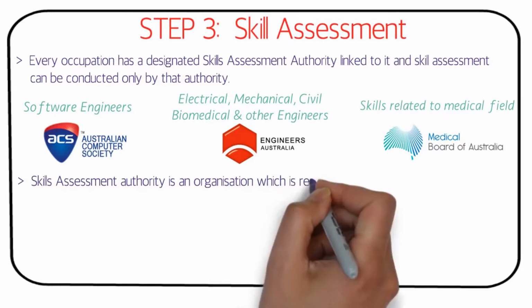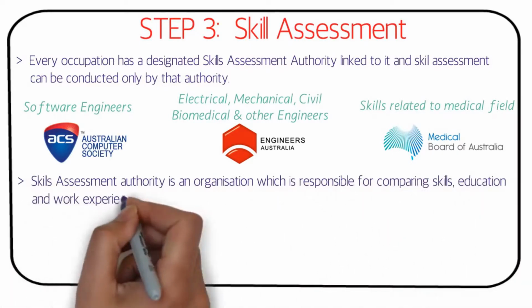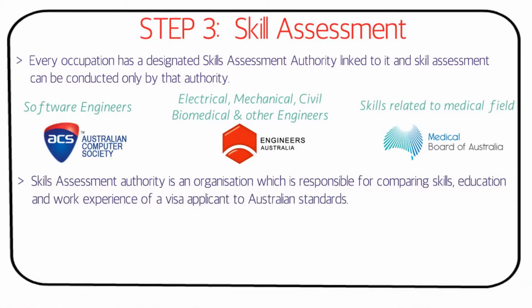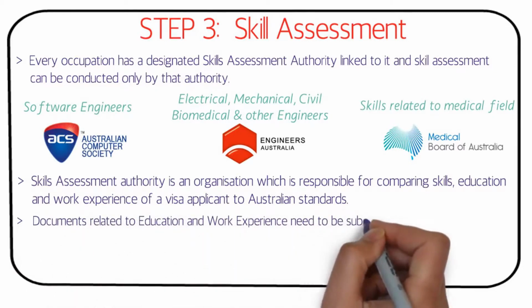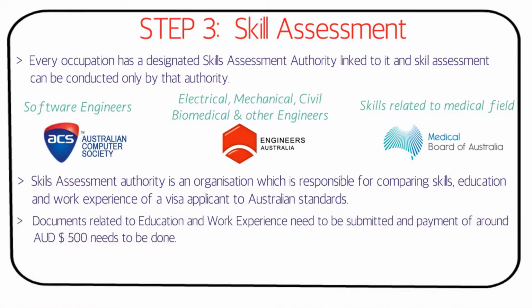The skill assessment authority is an organization responsible for comparing the skills, education and work experience of a visa applicant to Australian standards. Documents related to education and work experience need to be submitted, and a payment of around 500 Australian dollars needs to be made at this point. This may vary from one organization to the other, but it is a rough estimate.